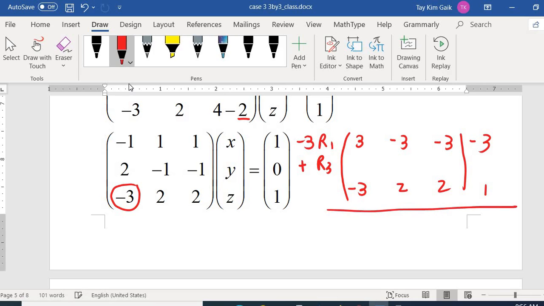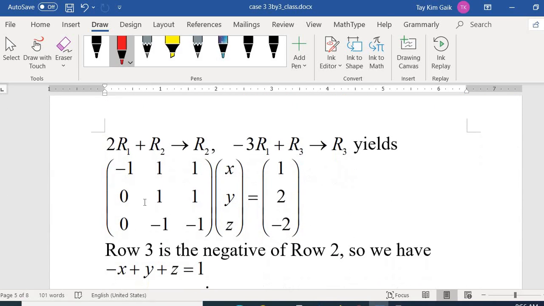So you add up together: 0, then negative 3 plus 1, minus 2. So the new changes on row 3 is 0, negative 1, negative 1, negative 2.